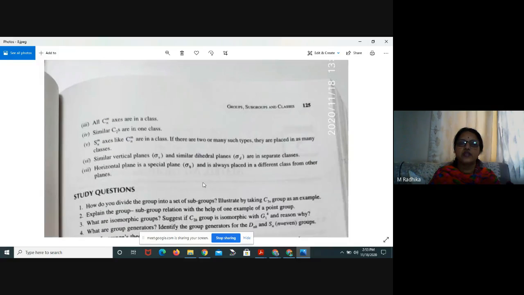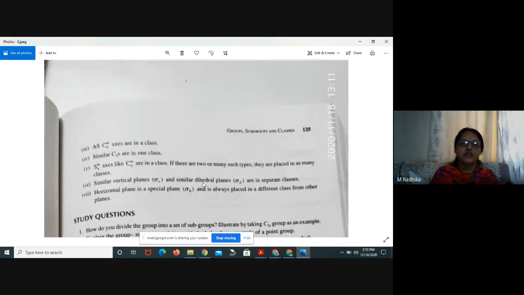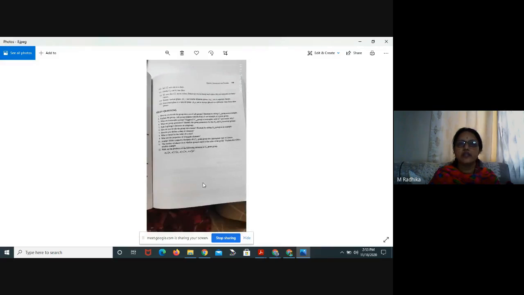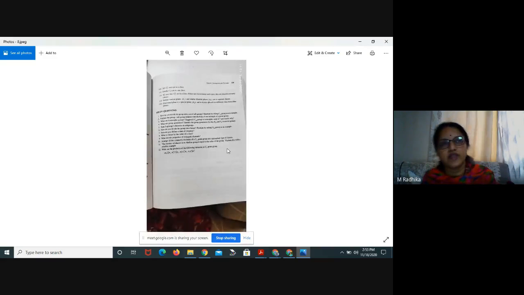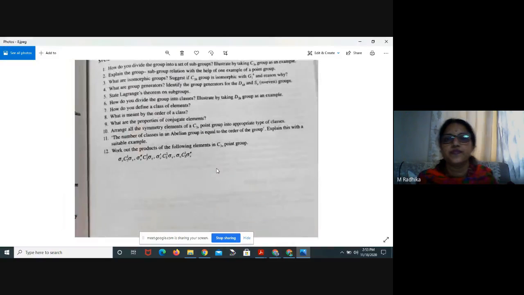These are the points you have to remember: E will be its own class, i, inversion, will be its own class, then rotations, then vertical planes in one class, dihedral planes in one class, improper axes of rotation in one class. If you have a sigma h, that will be a different class. If you have the secondary C2 axis, that will also be a different class. So with this, we are done.